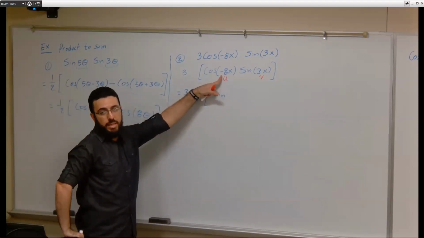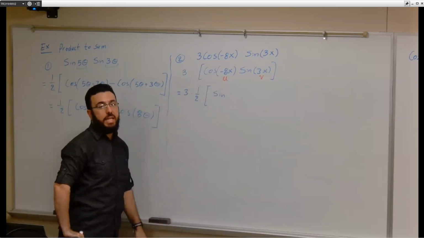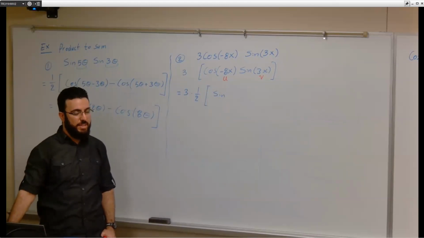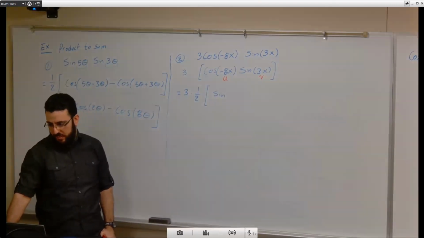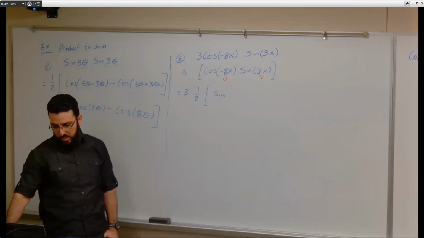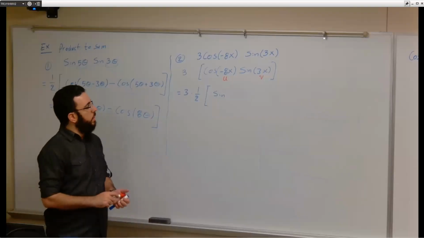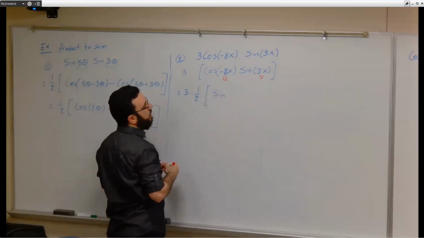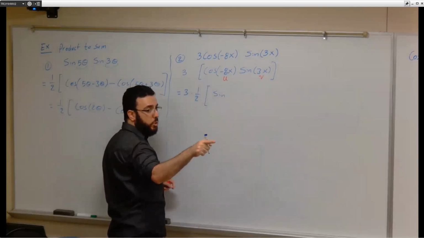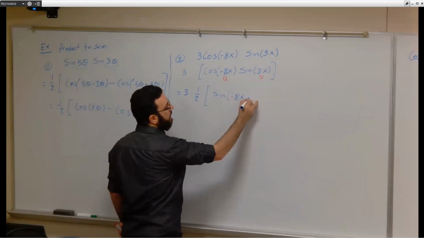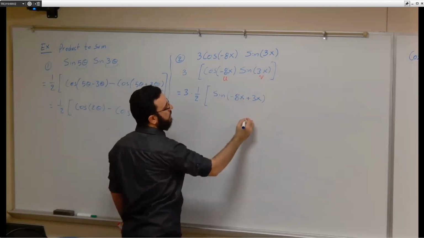It is negative. What are you going to do with that? I'm going to say U plus V, that means negative 8x plus 3x.